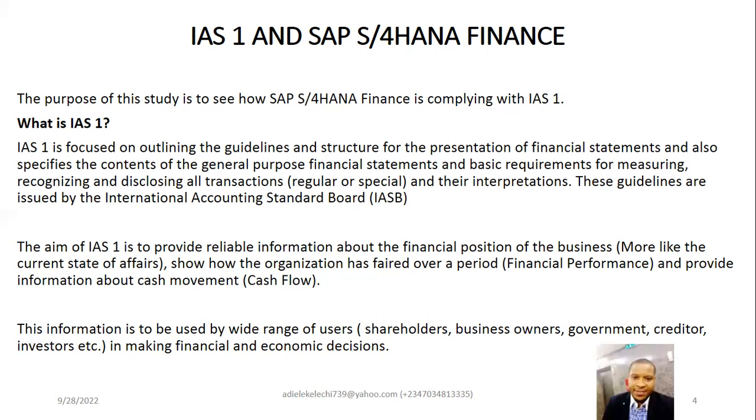Disclosure is a very important activity to ensure that the financial statement is true, fair, and reliable. All important information that would guide decision makers to make quality decisions has to be disclosed in the financial statement, and of course, their interpretations, right?